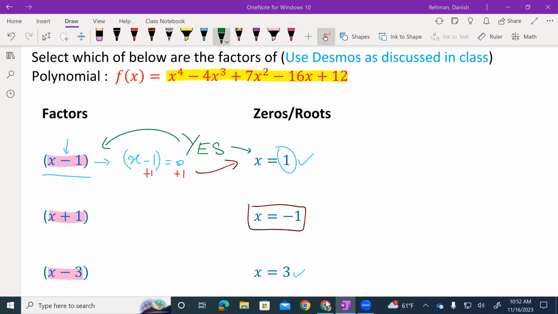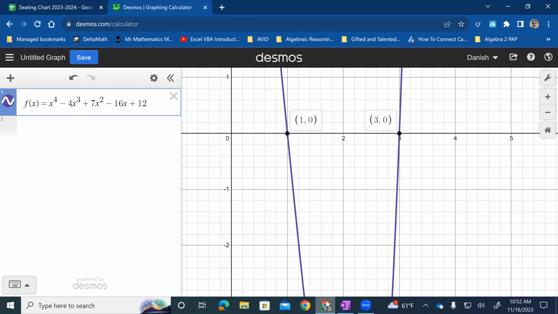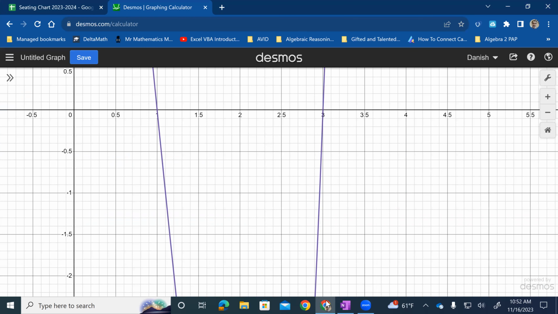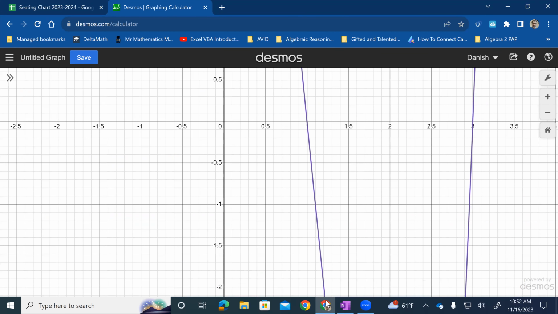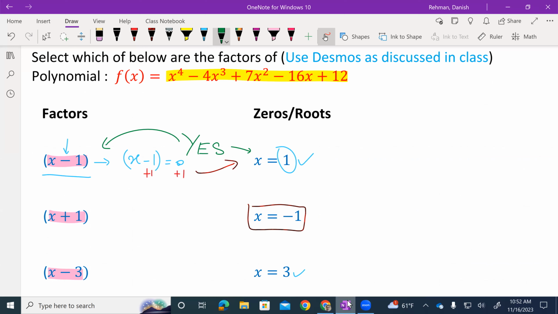Next, let's check if the function is intersecting the x-axis at x equals -1 or not. We notice that the function is not intersecting the x-axis at -1, so it doesn't have an intercept over there. That means I will simply say here that no, this is not a root and this is not a factor.